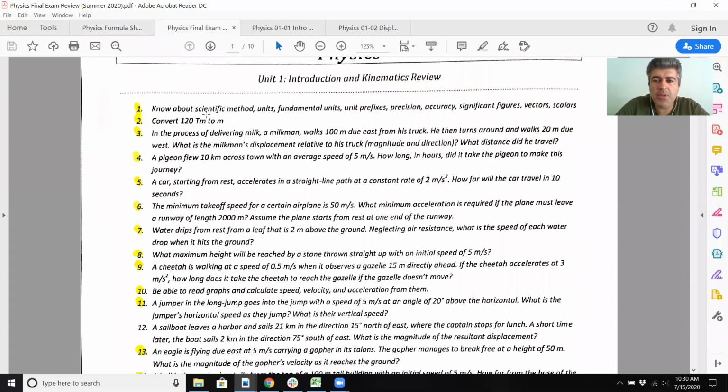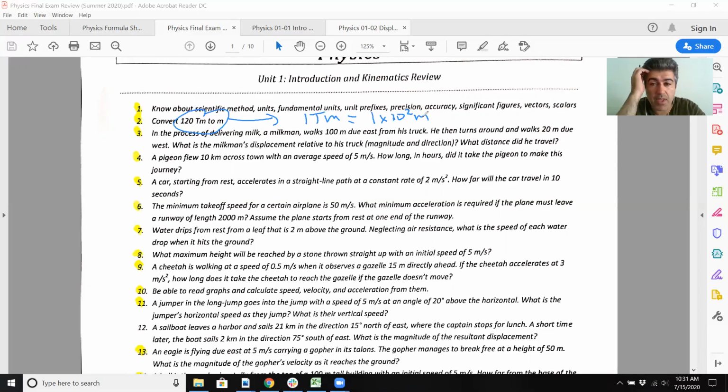Convert, just so you know, that's terameters. You might have heard terabytes. So there's like megabytes, gigabytes, and then terabytes. I don't know if I'll ask that question, but just make sure you're comfortable with conversions. 1 terabyte, or terameter actually, sorry, I was thinking of memory for a computer, is actually 1 times 10 to the 12th meters.